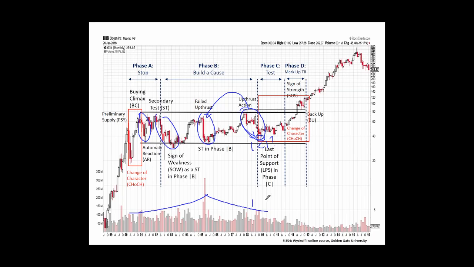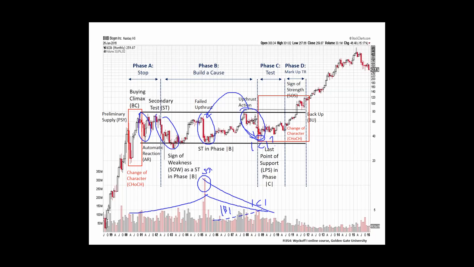One of the characteristics for phase C that I personally would like to see is a long-term contraction of the supply. So in this case, the highest supply came in phase B, and then we have a very substantial decrease in the supply. And then I want to see a local increase of the supply going from phase B to phase C. Why is that important?